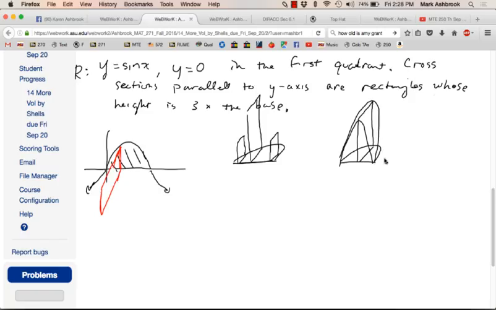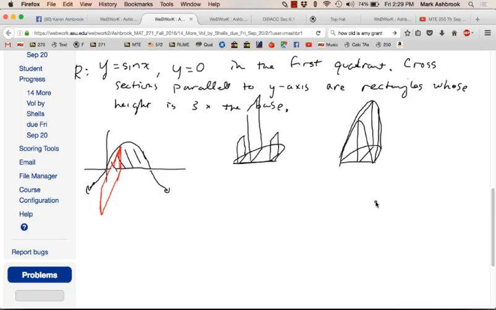If you sliced it in and out of the screen, you'd always get a rectangle, and that rectangle is 3 times as tall as it is at the base.